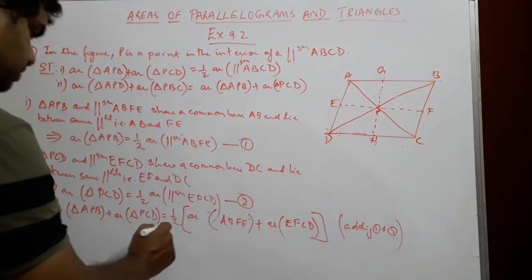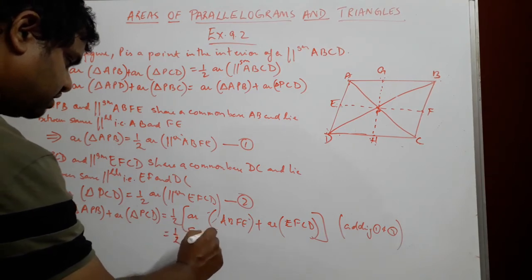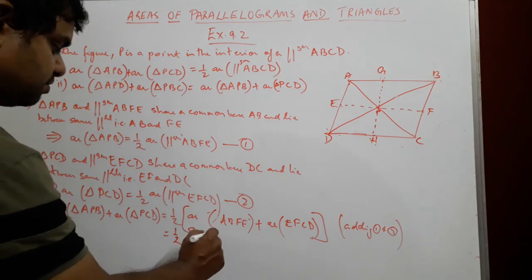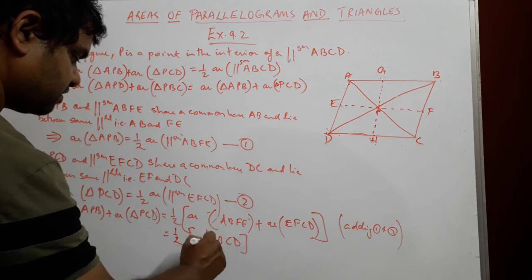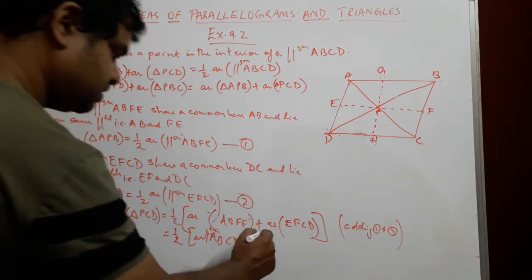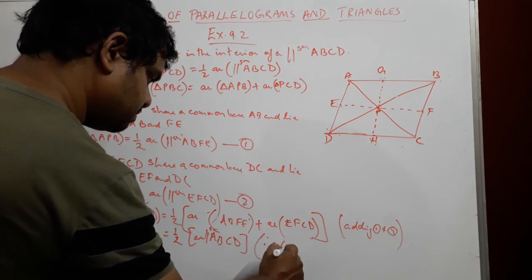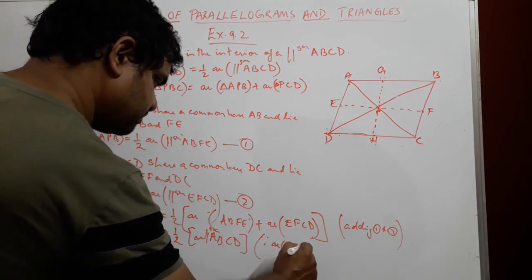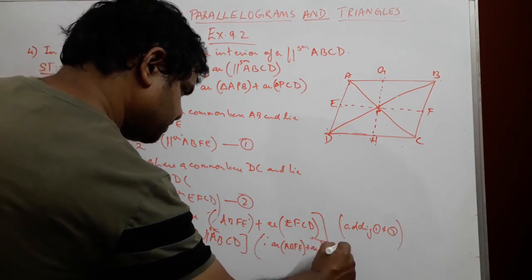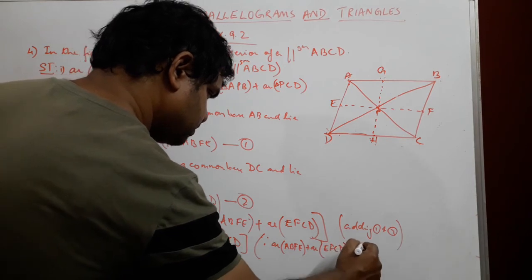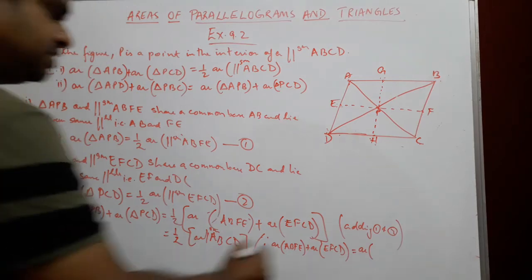So we can mention over here this is equal to half area of parallelogram ABCD, since area of parallelogram ABFE plus area of parallelogram EFCD is equal to area of parallelogram ABCD.